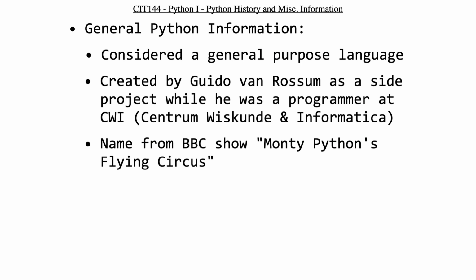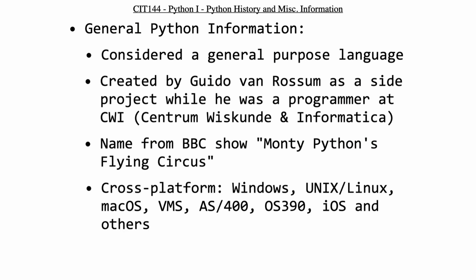One of the big advantages and nice things about Python is it is very cross-platform. It runs on Windows, it runs on Unix, it runs on Linux, it runs on Mac OS, which is technically Linux, an older operating system called VMS, an older OS by IBM called AS400, and then another IBM operating system called OS 390.